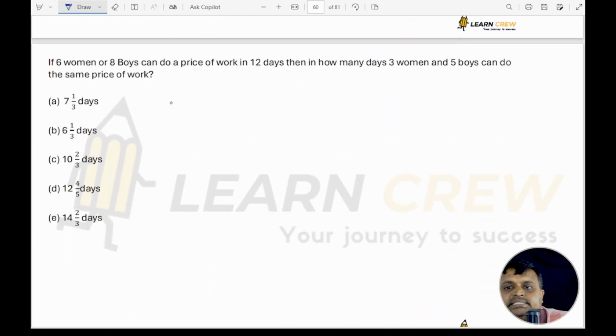Next, 6 women or 8 boys can do a work in 12 days. So you can say women's efficiency to boy's efficiency is 8 by 6, which is 4 by 3. So 6 women means efficiency 4 each, and they can complete the work in 12 days.